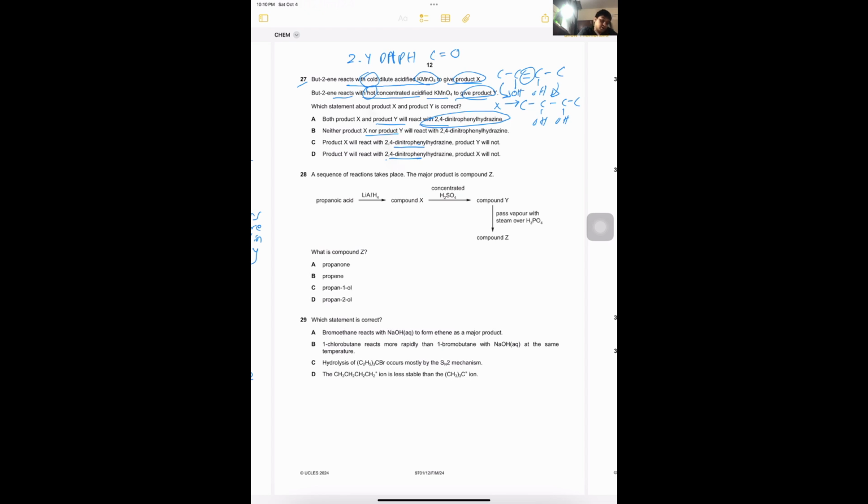And for the hot KMnO4, the product Y, for the hot one we have to see the groups around the double bond. So there is one R group around each of the carbon atoms, and one H group.